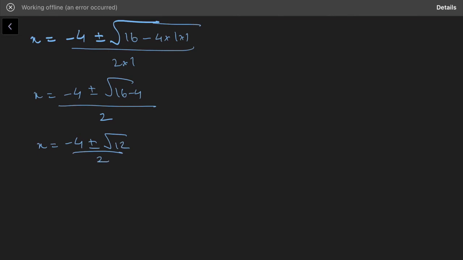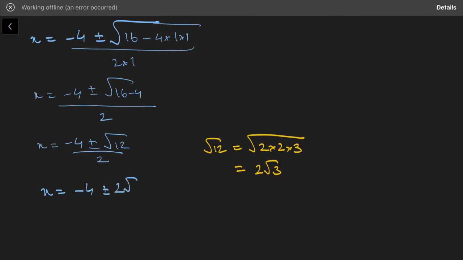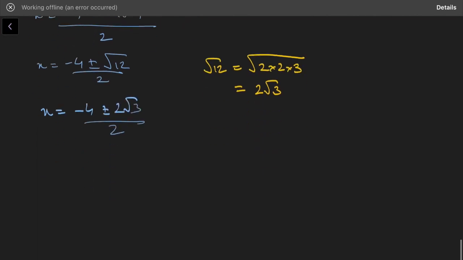Now we can further simplify this by writing root 12 is equal to the root of 2 into 2 into 3, and that can be written as 2 root 3. So here we can write x is equal to minus 4 plus or minus 2 root 3 by 2.